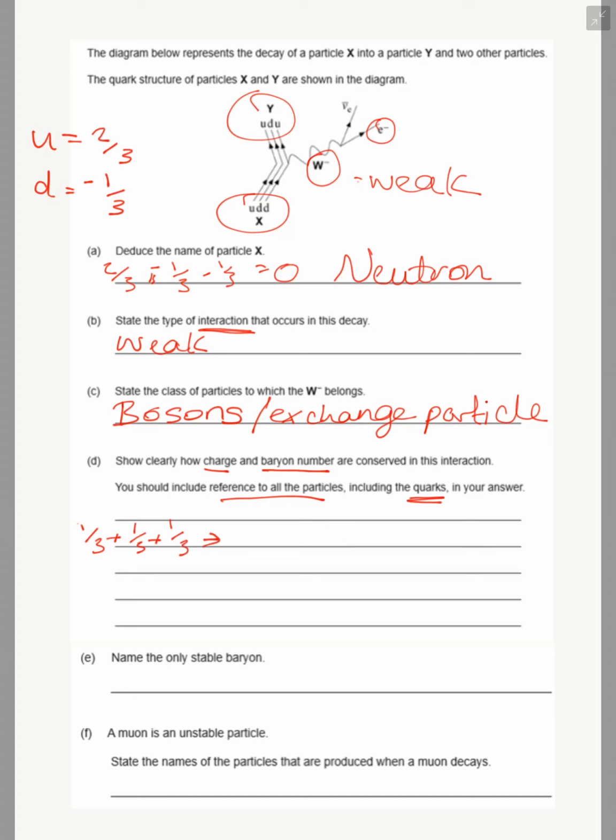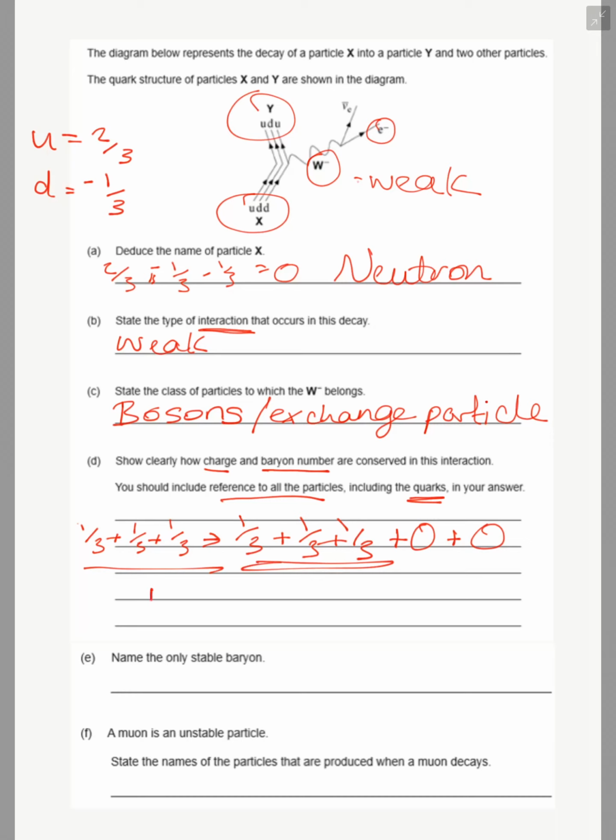And it turns into a baryon number of 1/3, 1/3, and 1/3 for the quarks. And then the e for your electron is a lepton, so that's not a baryon, so it's 0. And your neutrino isn't a baryon either, so that's also 0. So that's also showing that baryon number is conserved as well as charge.